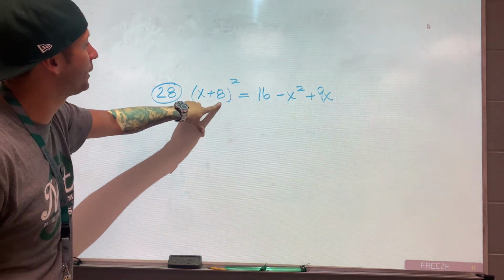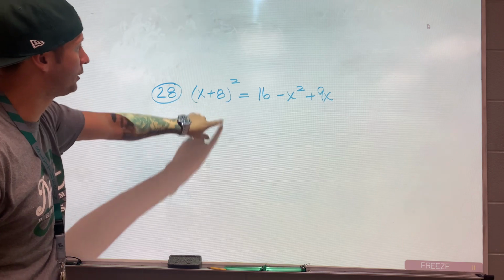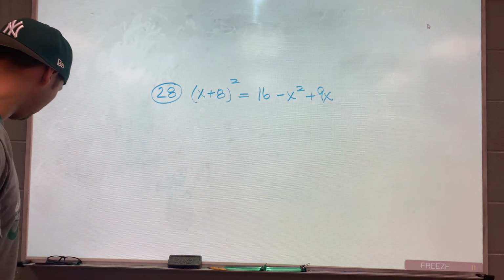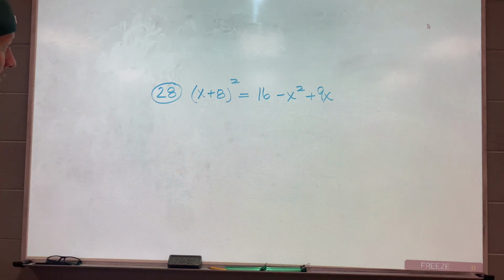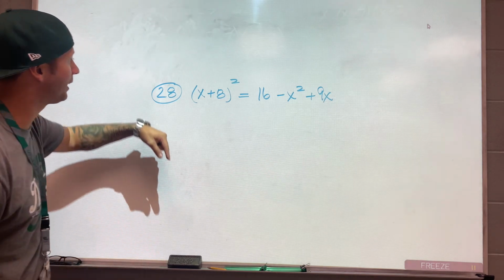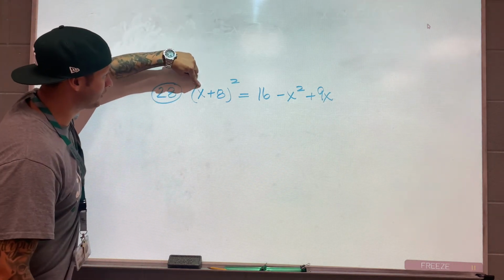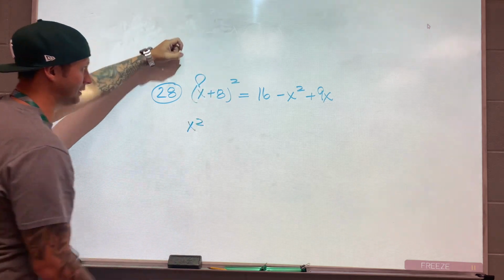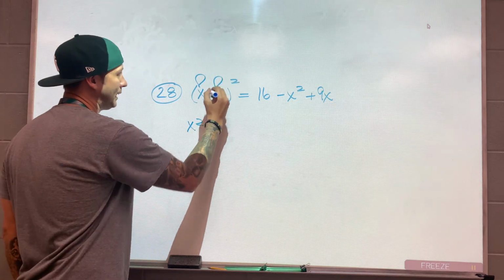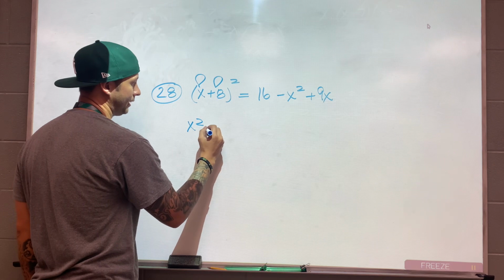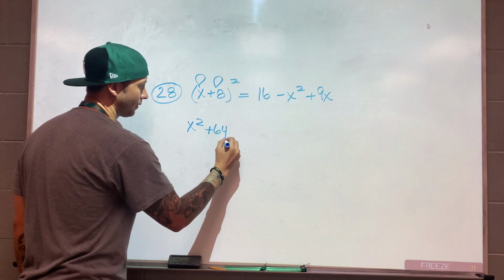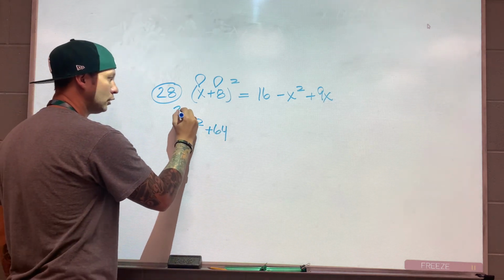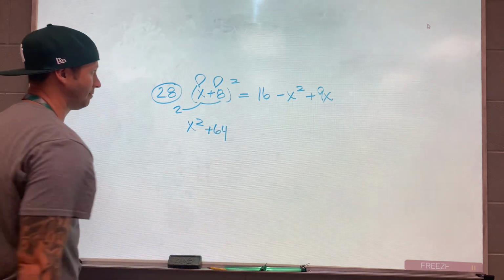It's a binomial squared. So I'm going to do what the perfect square trinomial teaches us, right? I'm going to a squared, so this times this: x times x, 8 times 8 is 64. And then 2 times x times 8.